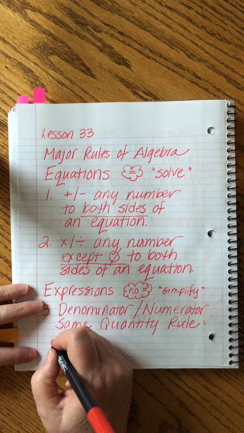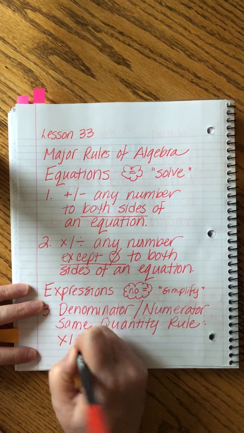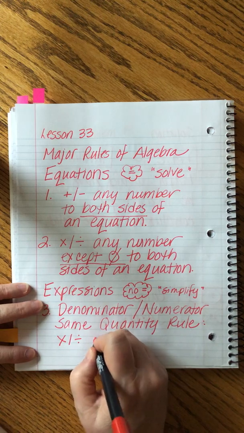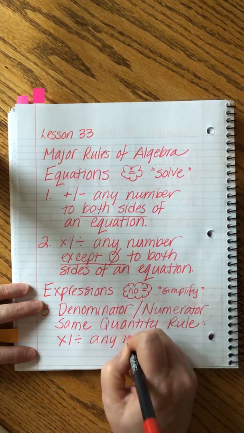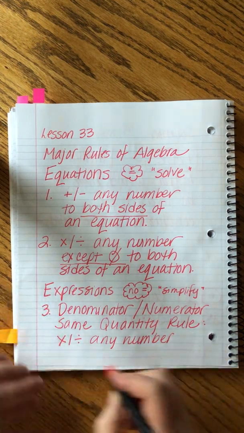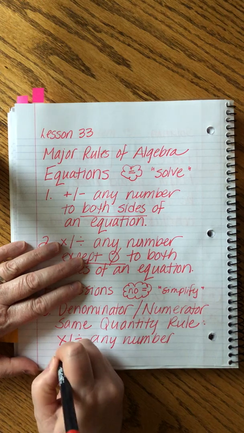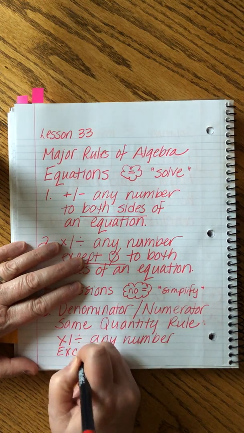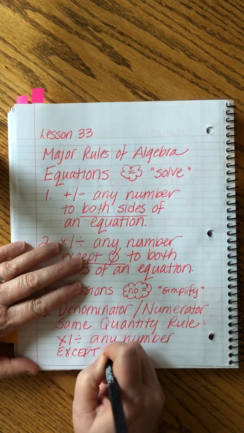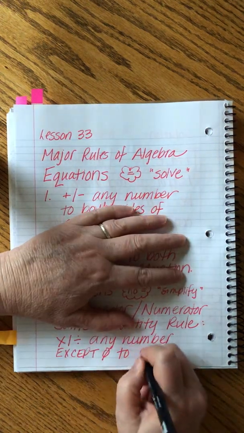And this says that we can multiply or divide any number except 0 to the top and bottom of a fraction.